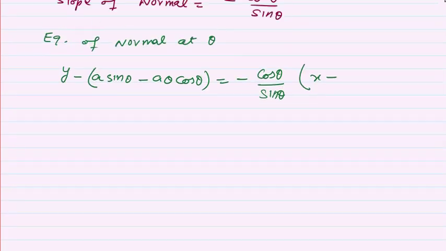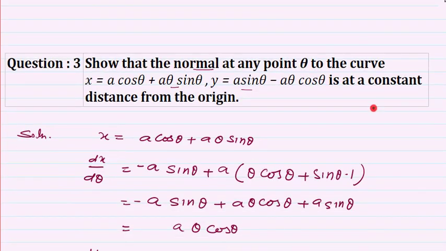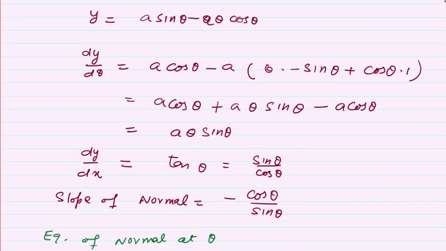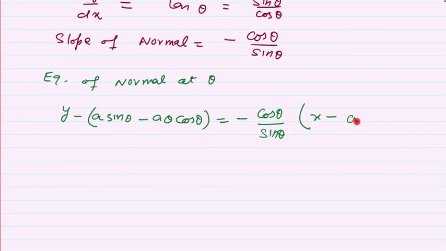Let me check the value. Here x1 is a cos theta plus a theta sin theta. Inside the bracket, a cos theta plus changes to minus because of this minus sign, a theta sin theta.